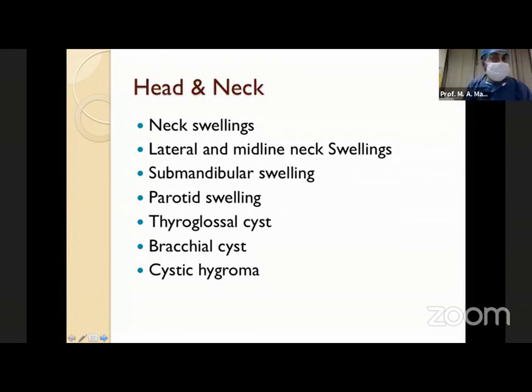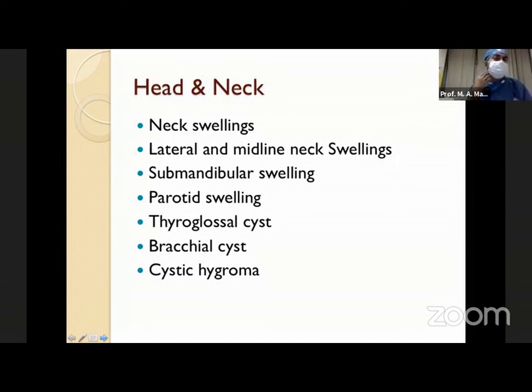My diagnosis is a stone in the submandibular duct, or sometimes in the deep part of the gland. This is called sialolithiasis. Another swelling doesn't relate to eating and drinking, but the patient has a gradual swelling in the submandibular region.